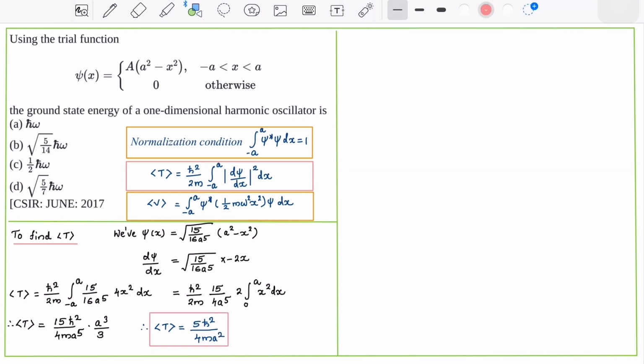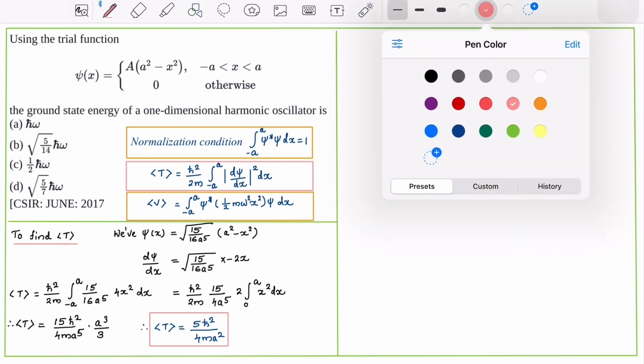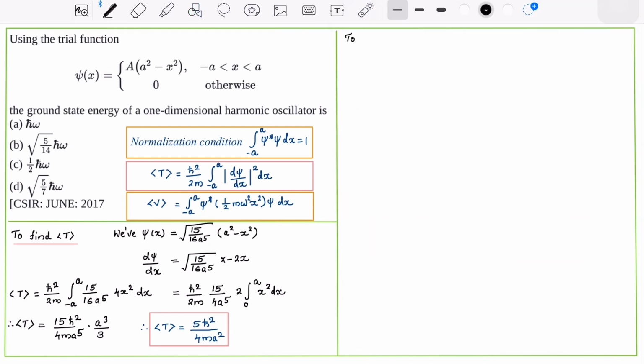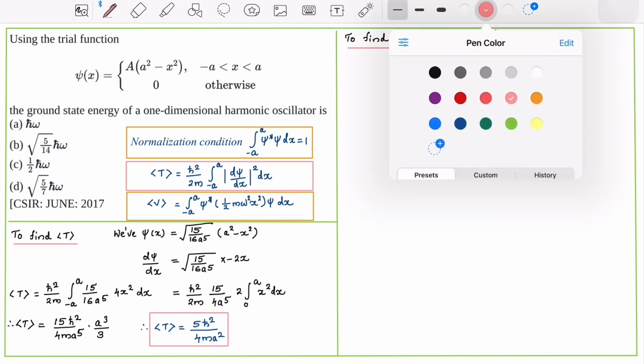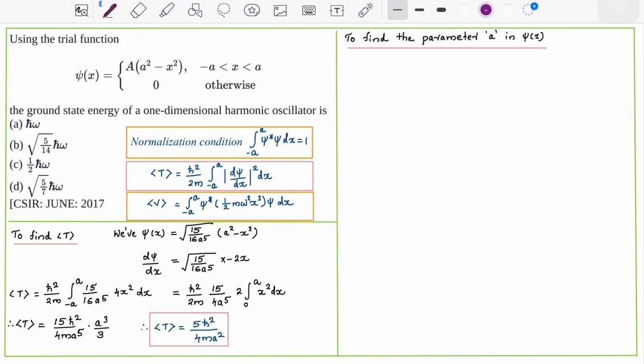Now we have the expectation value of kinetic energy and the expectation value of potential energy. Now we can find the expectation value of the Hamiltonian, and from that we can calculate the unknown, adjustable parameter a in the wave function ψ(x). First, the expectation value of the Hamiltonian is equal to the expectation value of kinetic energy plus the expectation value of potential energy.